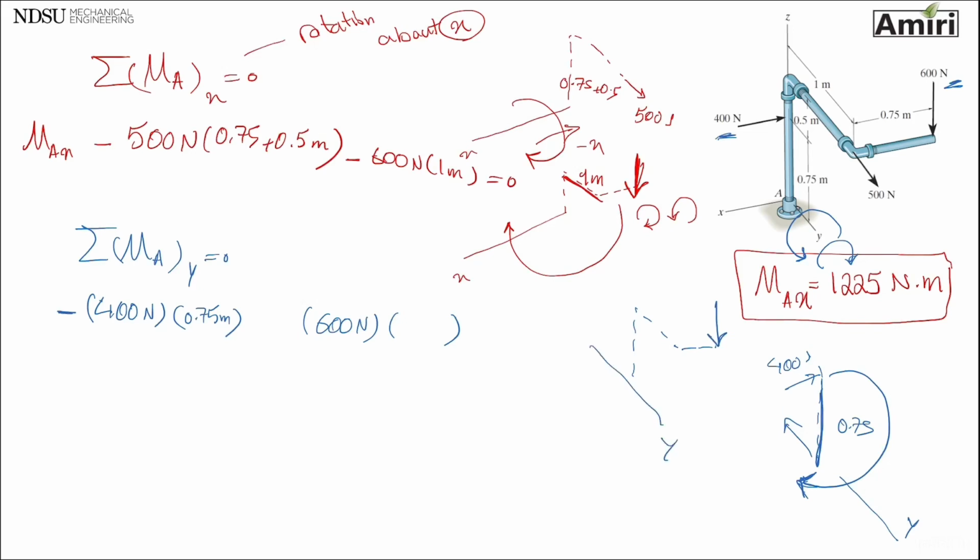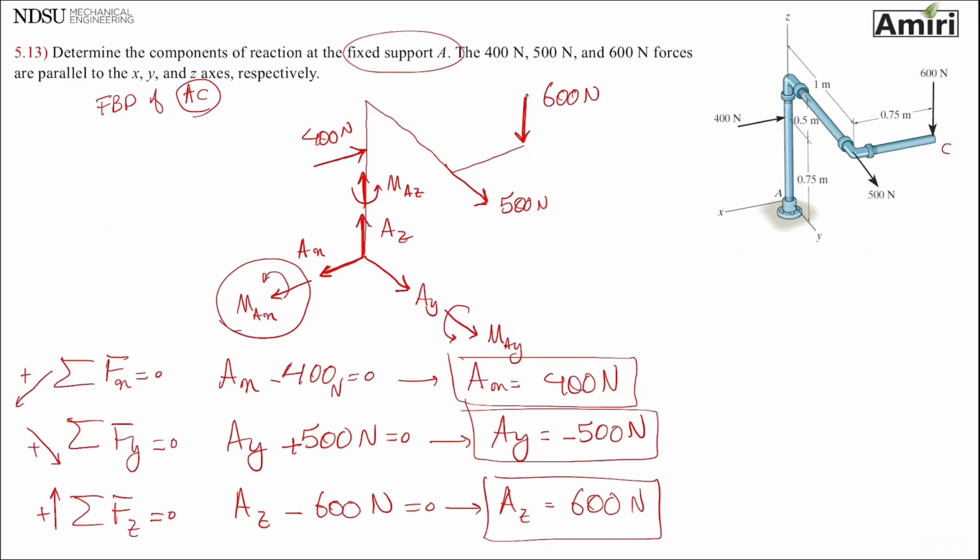This is my Y axis. This 600 is trying to rotate this whole thing about Y axis too. The distance that one has to Y axis is this 0.75 all the way to Y axis. So 0.75 meters. Curling the fingers, rotation, my thumb pointing towards negative. So that's minus. Again, I forgot to put my MAY on there. MAY comes from here. That's one of my unknowns.